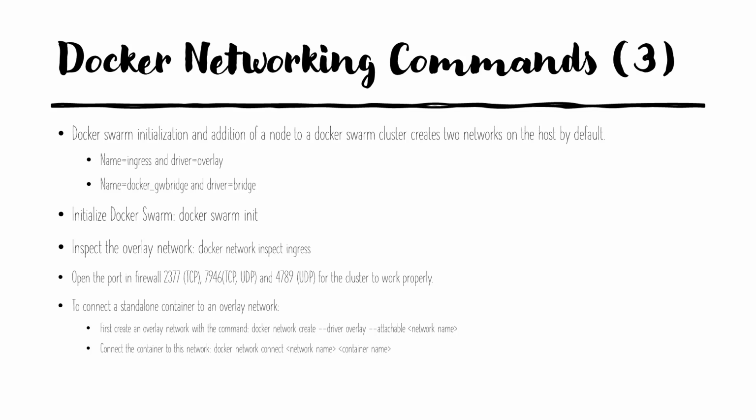The first node is the manager by default, and we can inspect the ingress network using docker network inspect, and the ports that need to be opened for this cluster to work properly are mentioned in this presentation. We can also connect a standalone container to an overlay network, but for that we first need to create a separate overlay network with an attachable flag, and then we can connect the network using the docker network connect command.